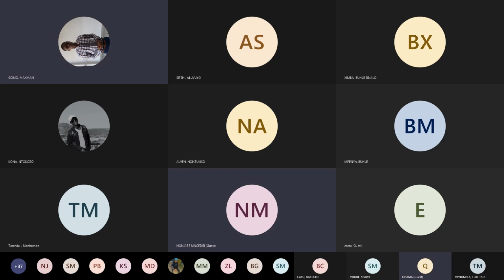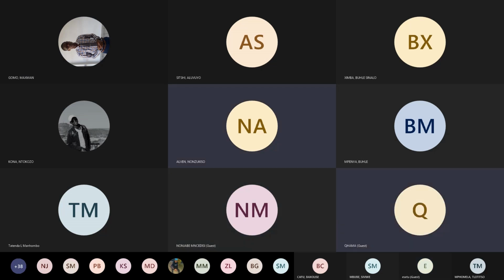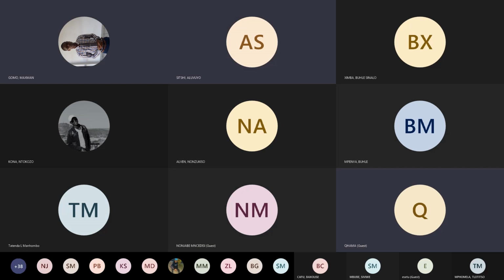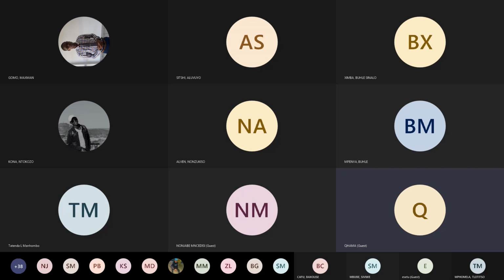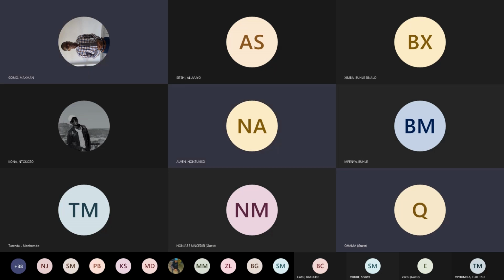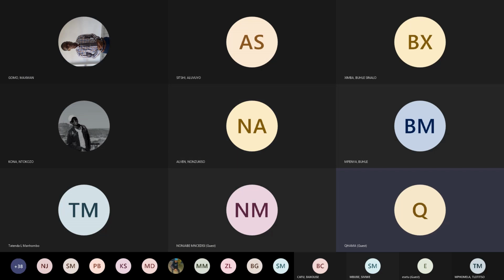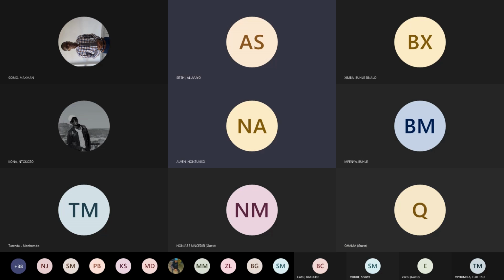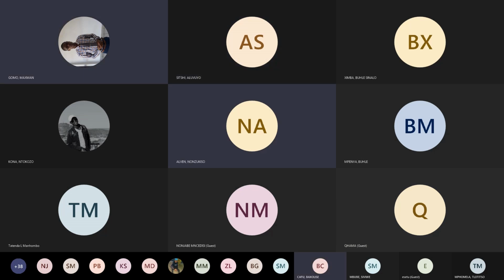You can't see anything? The screen says return whiteboard in progress. It says something went wrong. Okay, I get it.